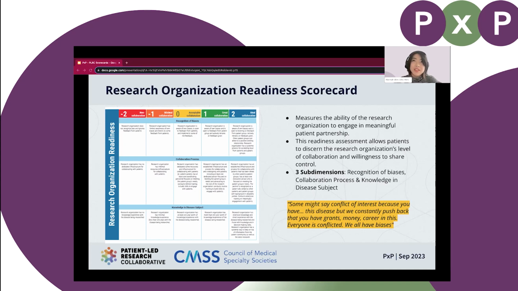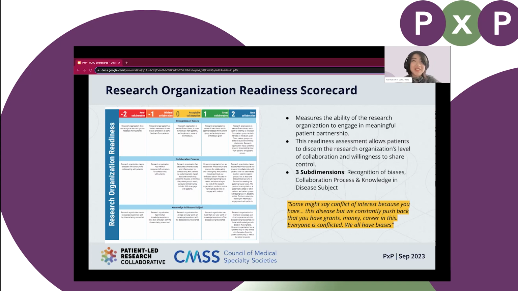And we set out to design the scorecard with 3 subdimensions: the recognition of biases, the collaboration process, and knowledge of the disease subject.